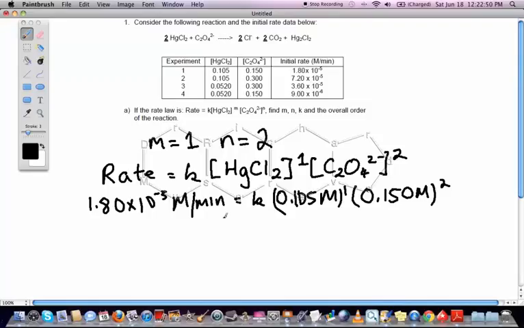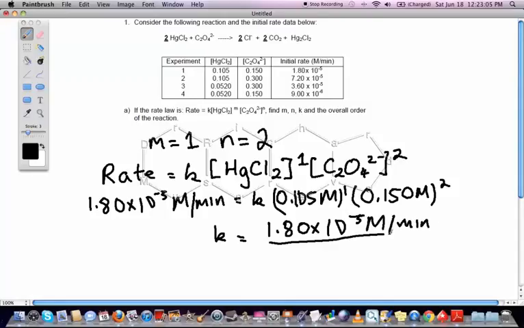So as you can see, I'll isolate k, and k will be 1.80 times 10 to the negative 5 molar per minute over 0.105 molar, that's all going to be the first power, and this will be 0.150 squared molar squared, because I have to distribute the squared amongst the unit and the number, of course.